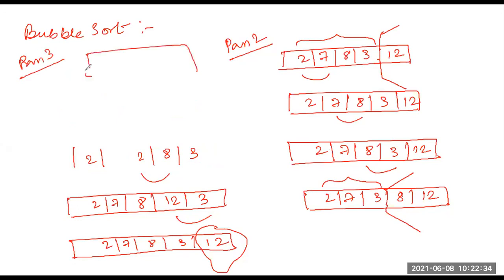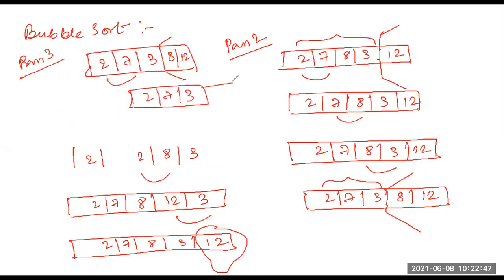So I will focus on 2, 7, 3. 8 and 12 are already sorted and are there. So 2 and 7 I will compare. No change required. Then 7 and 3 I will compare. Change is required. 2, 3, 7, 8, 12.